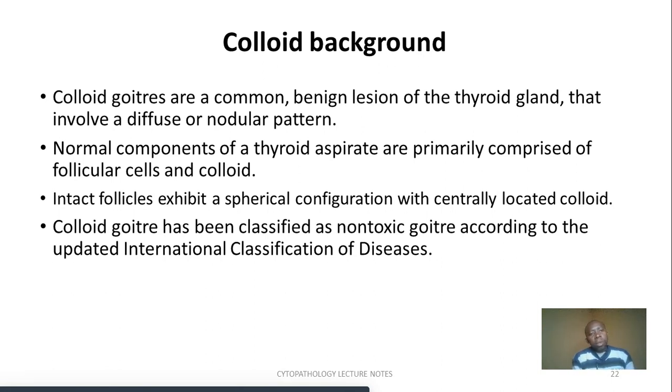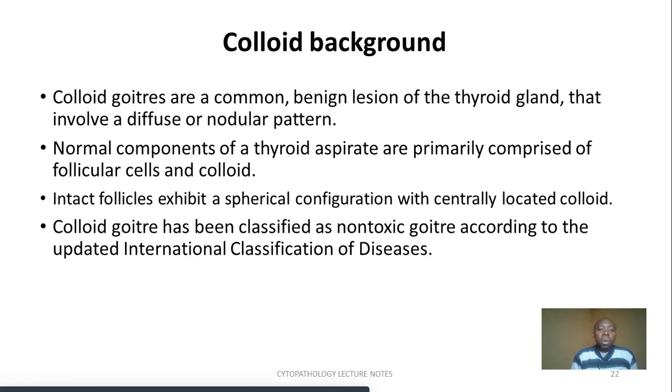Colloid background is commonly found in goiters and benign lesions of the thyroid gland that involve a diffuse or nodular pattern. The normal components of the thyroid aspirate are primarily follicular cells and colloid. Intact follicles exhibit a spherical configuration with centrally located colloid, and we shall see this in our subsequent slides.